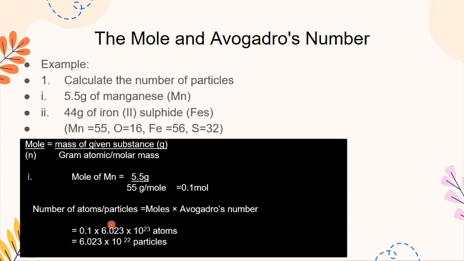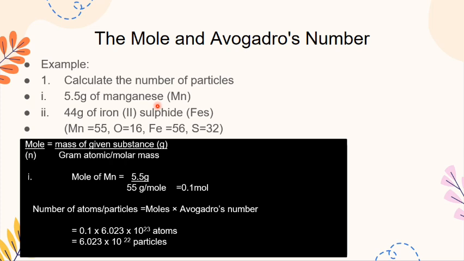Remember, the question says calculate the number of particles. Actually, the formula to calculate number of atoms or particles is equal to moles times Avogadro's number. Now, the reason we first calculate the mole of manganese is because in the question, we don't have the value for mole.